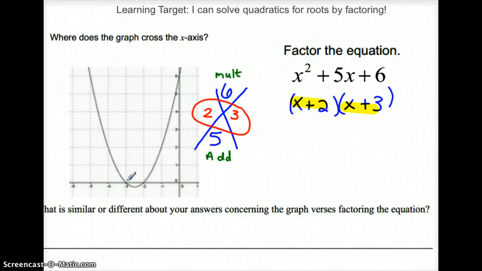These points where we're crossing the x-axis. If you can't tell, this is crossing at x equals -2. So in other words, the point -2, 0. And this point is hitting when x is -3. So the point -3, 0.